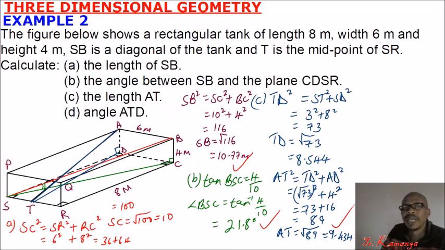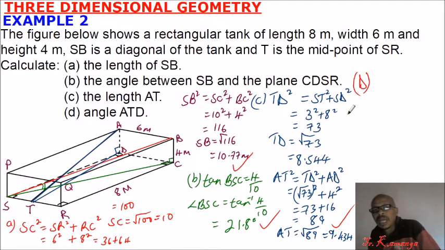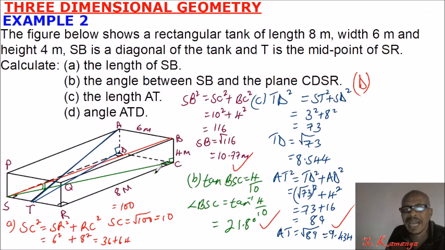So the knowledge of the Pythagoras theorem here is very important. Finally, we have our part D. We are supposed to get the angle ATD. We can use either TD or AT.